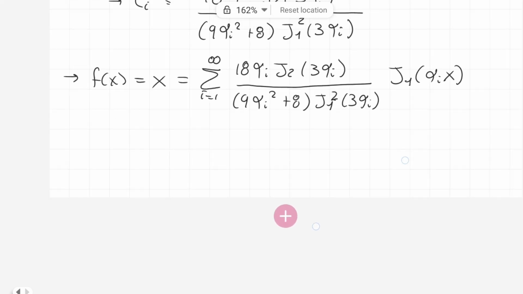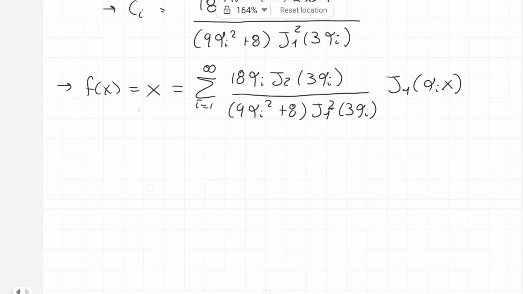Okay, perfect. So this will be the expansion of the variable x, which is the function f, as a Fourier Bessel series.